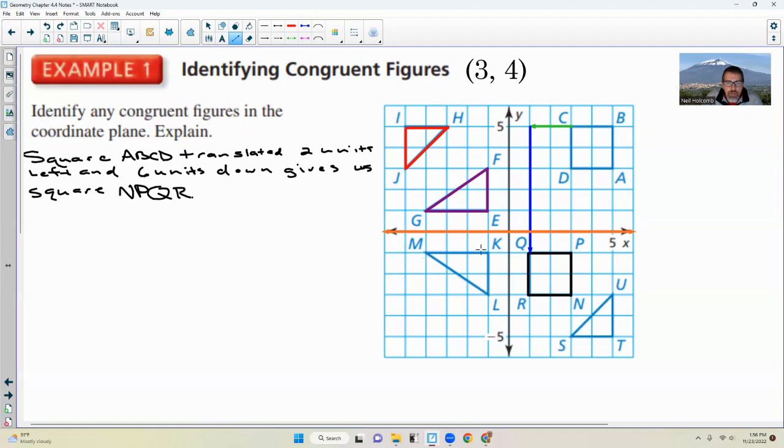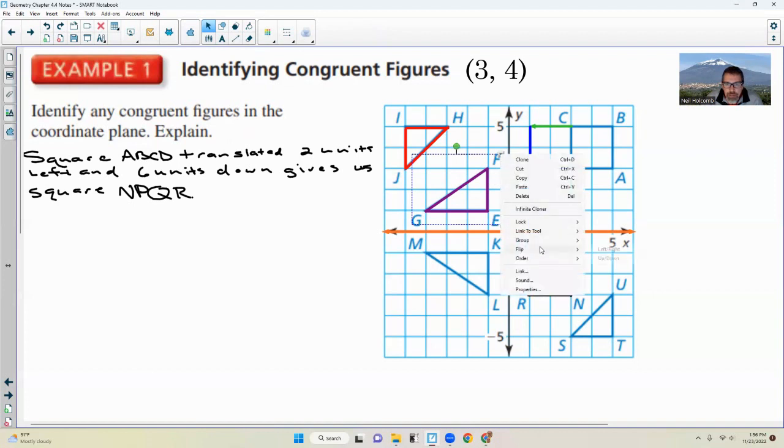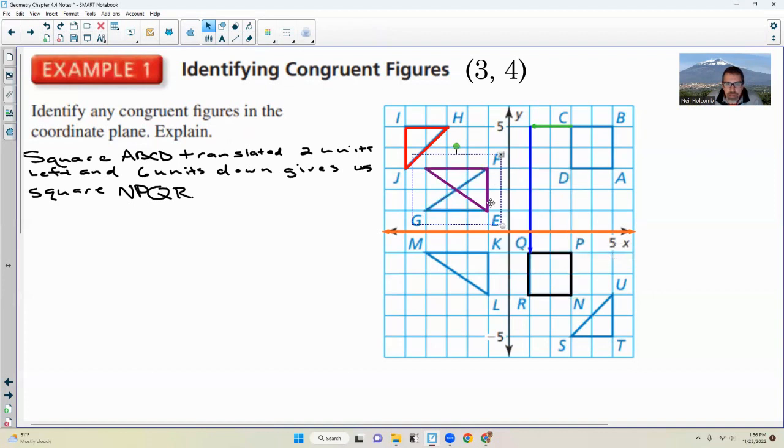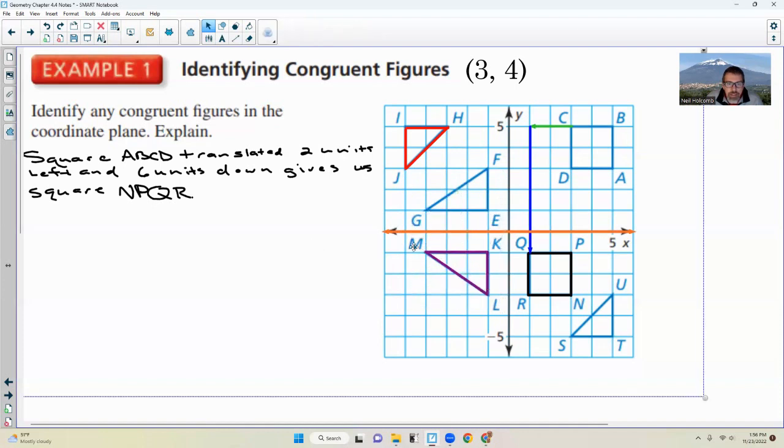So since there is a reflection and it's the same size, all I'd have to do is flip it up, down, and move it over here and show that it's the same size, then that reflection is a rigid motion. The shapes are the same, therefore they're congruent. I'm not going to write all that out, but that's how you would do that.